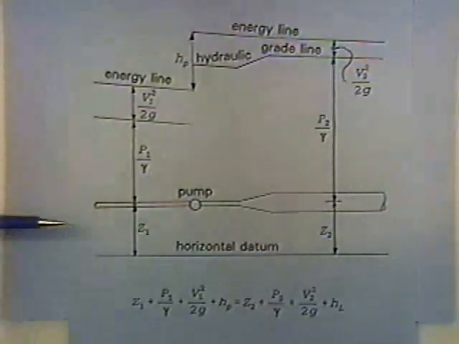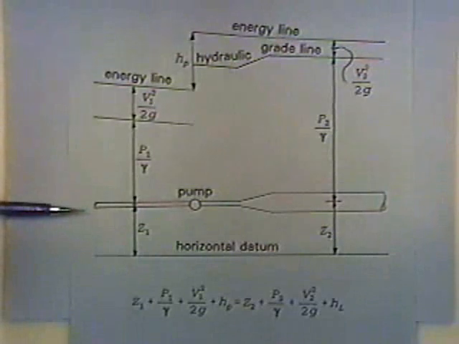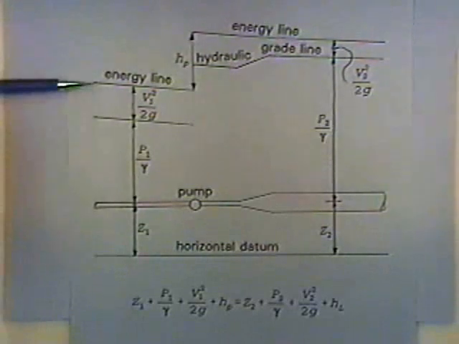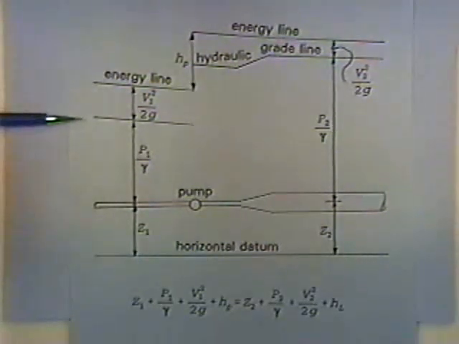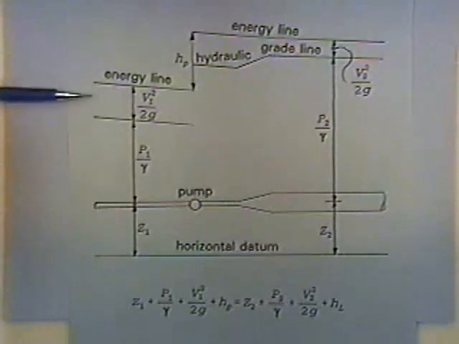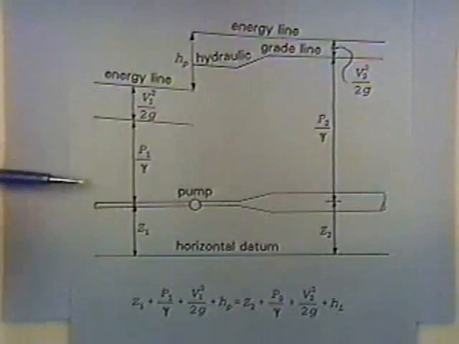And notice anytime you've got a constant diameter, the velocity stays constant, and so the energy line and the hydraulic grade line are parallel. Anytime the pipe diameter is constant, the energy line and hydraulic grade line are parallel.